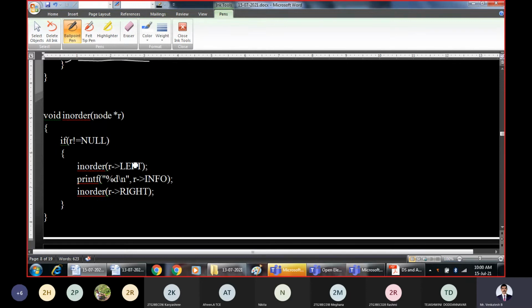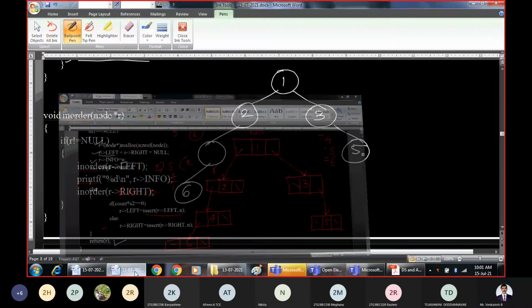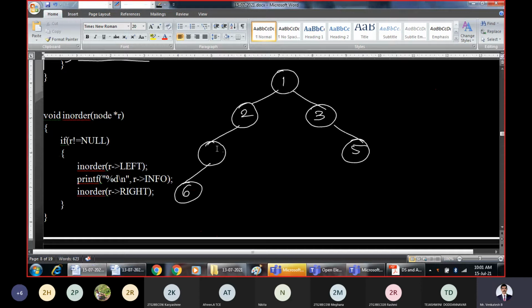By assuming that, I will write the tree in tree form now: 1, node 2, node 3, 4, 5 and 6. Right? I hope this is the same tree. This is the tree.